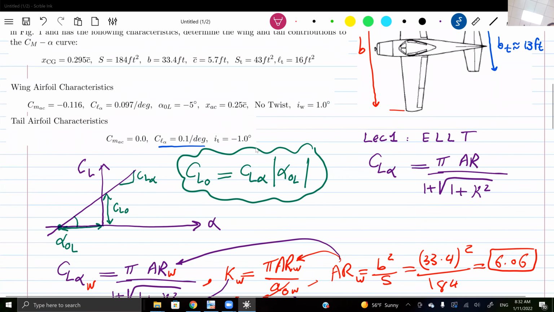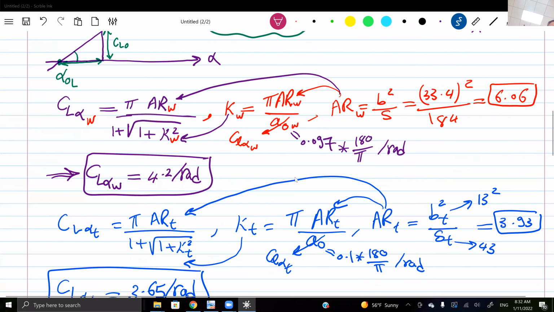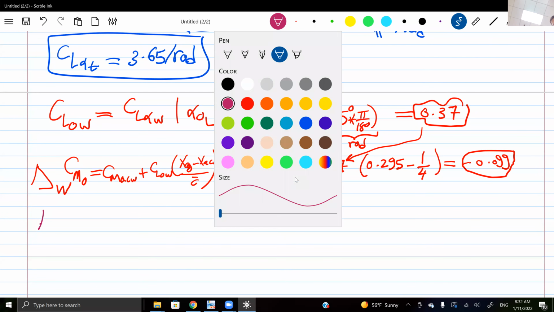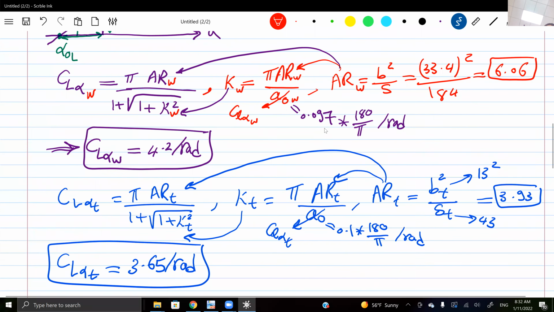Since we did many things with the wing, let's finish the wing stuff. So let's get the wing contribution for Cm alpha, and I'm going to write it similarly. So this is the wing contribution, delta wing for Cm alpha, the other constant. This is what I'm going to copy from there.